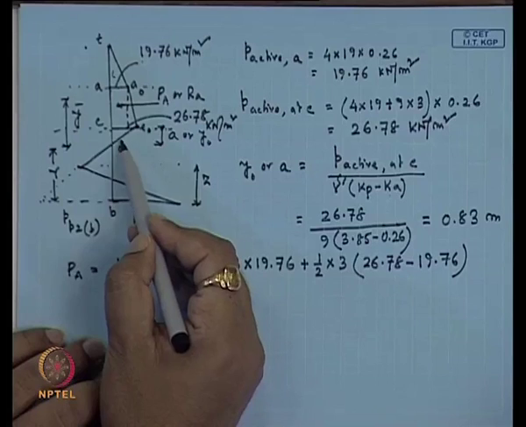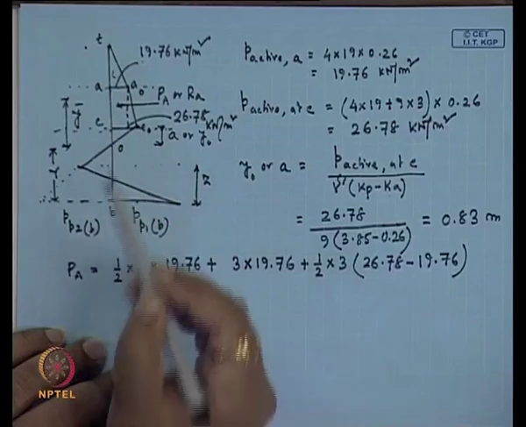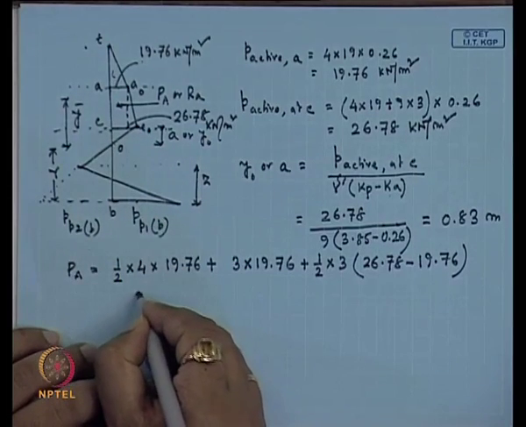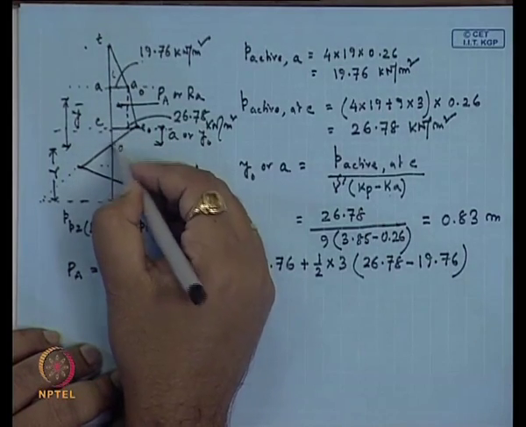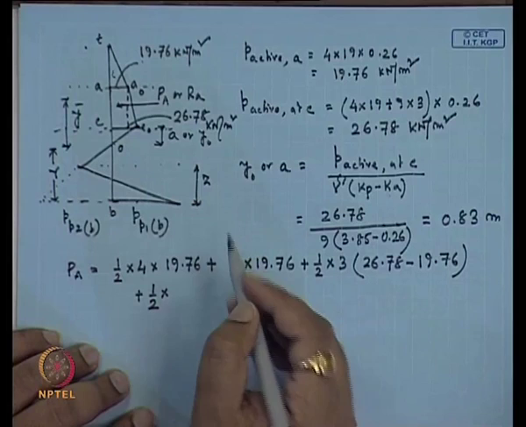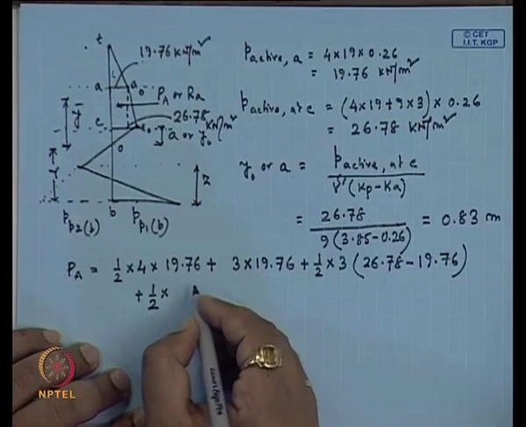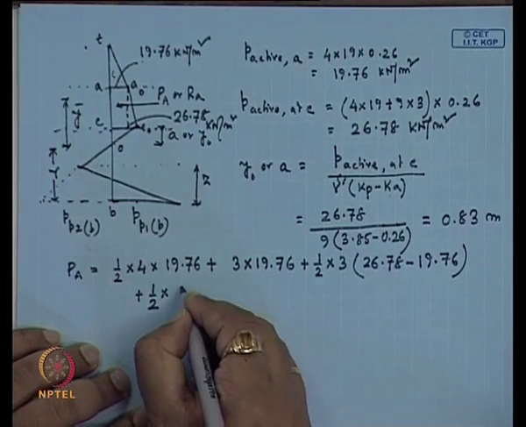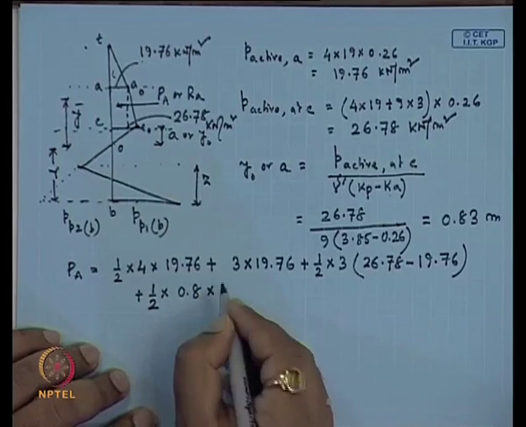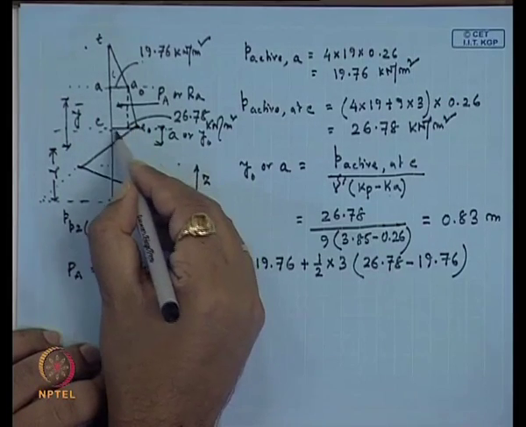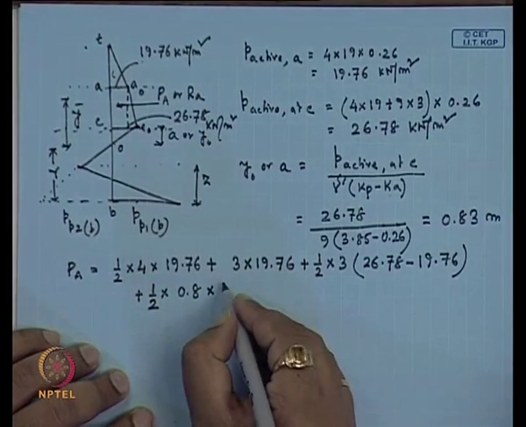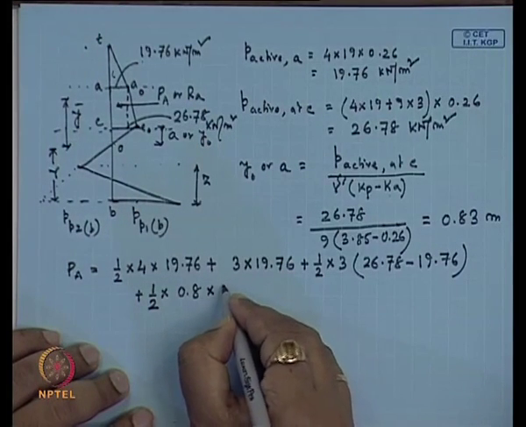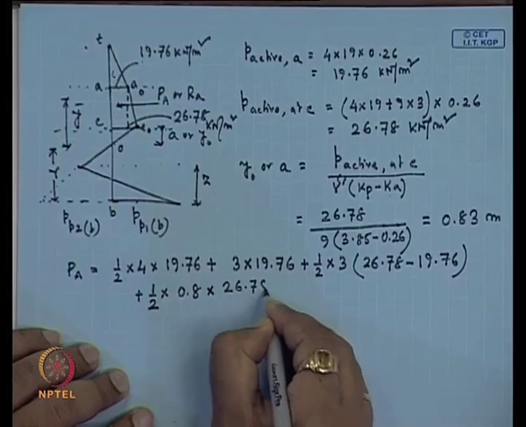C0O, that we have considered. So, that triangle means plus half into that distance, C to O is A, that is 0.83, into the total stress at sea level, that is 26.78.